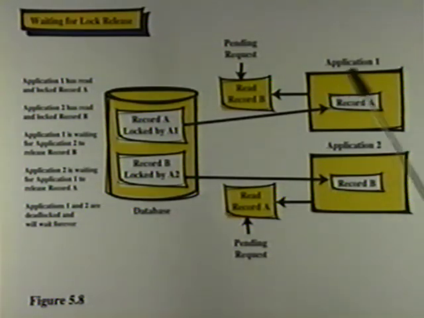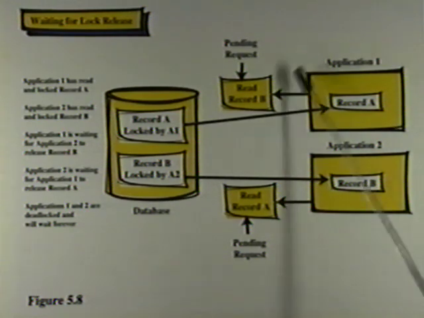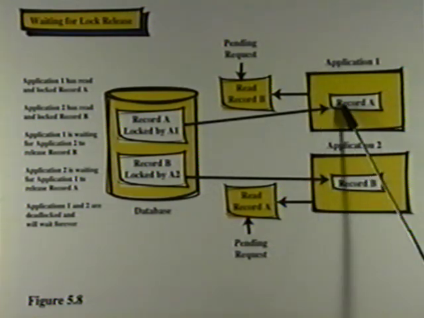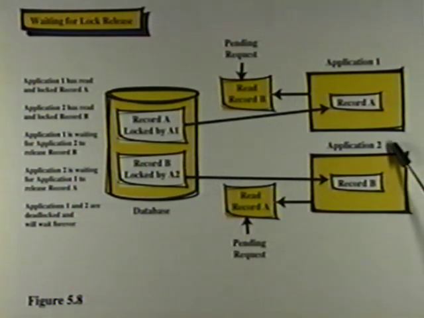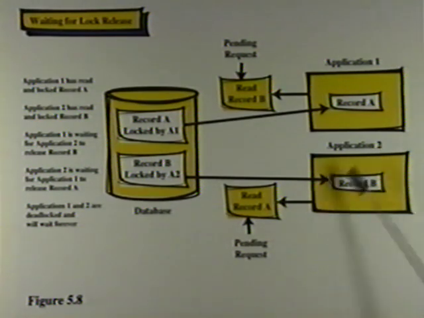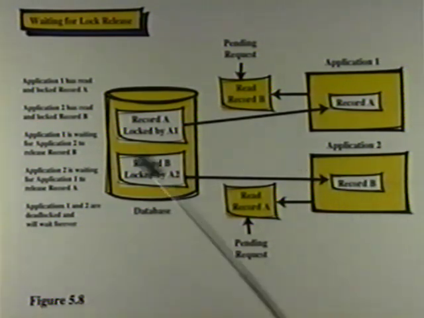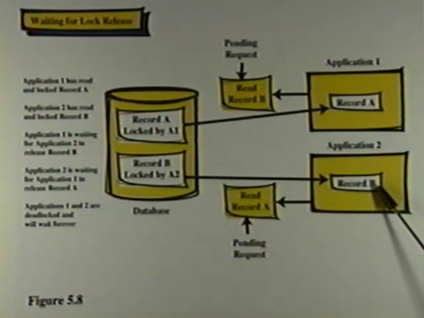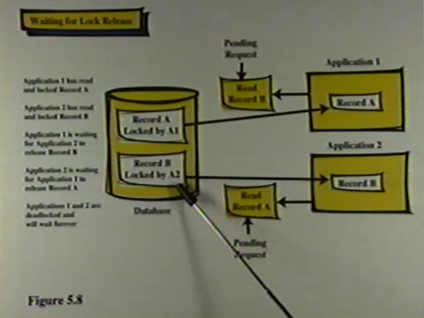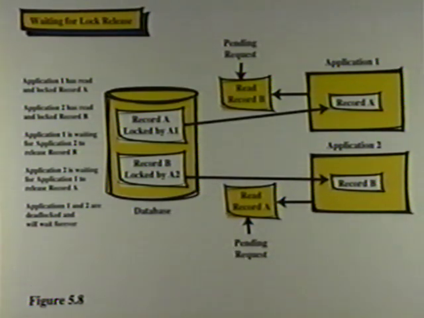Now we have two applications, application 1 and application 2. Application 1, just like before, has read record A, and so record A is locked by application 1. Application 2, a completely separate application using the same database, has read record B, and so record B is locked by application 2.